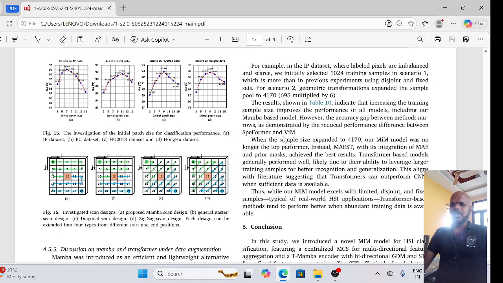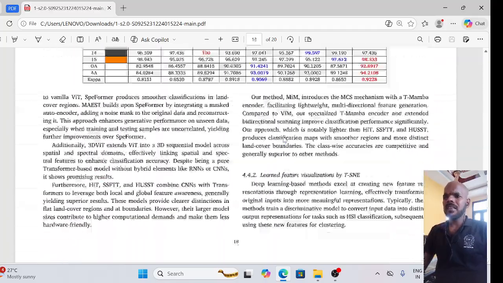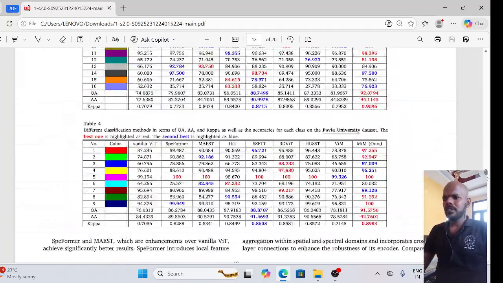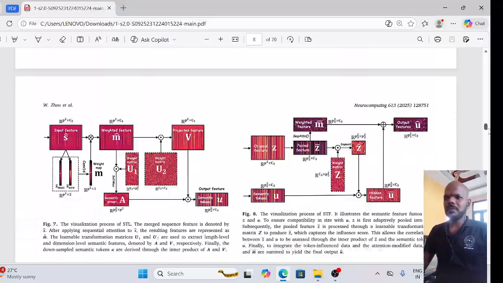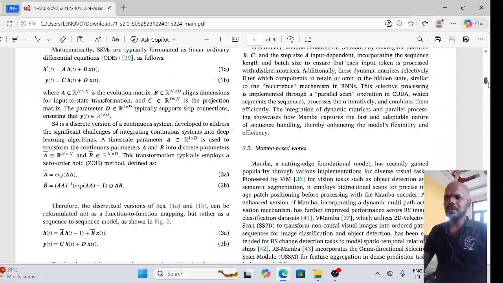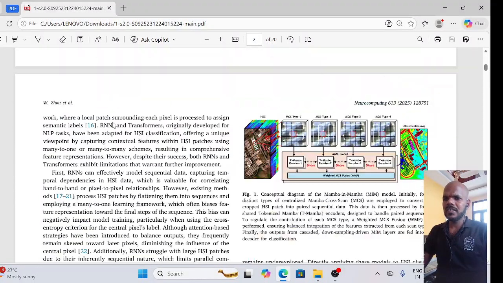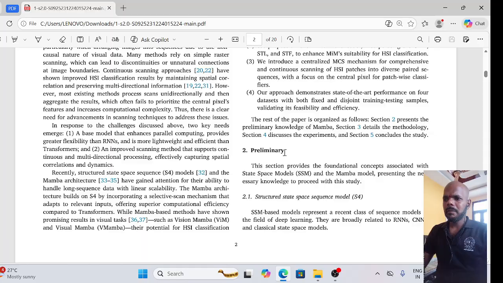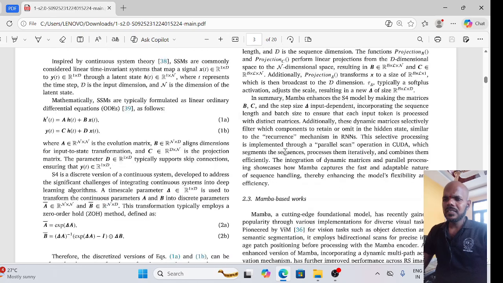So next, after reading this, we have to read the literature survey. Some other people may call it related works. Names will be slightly different, but the meaning remains the same. So the first section is the introduction, the second section is preliminary.